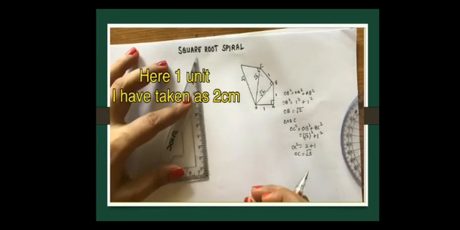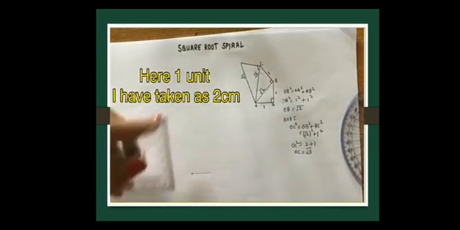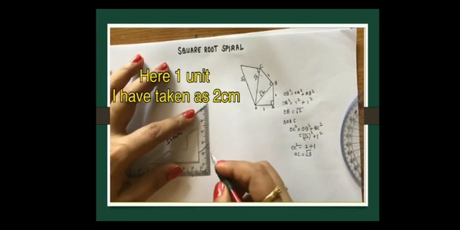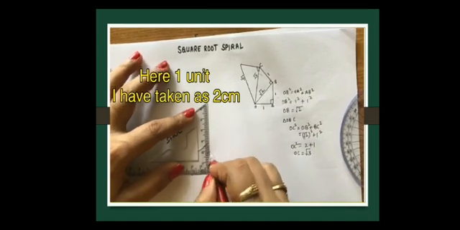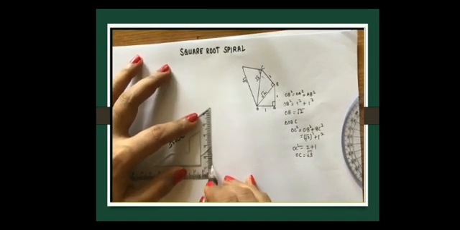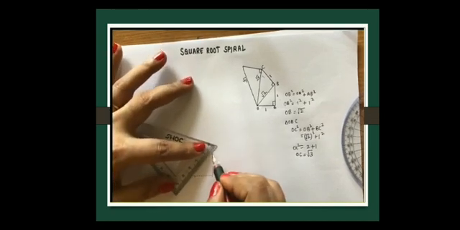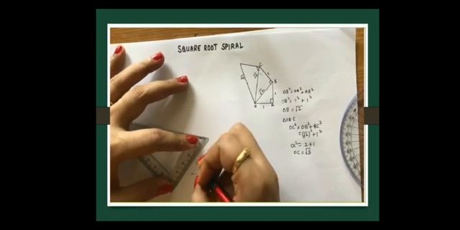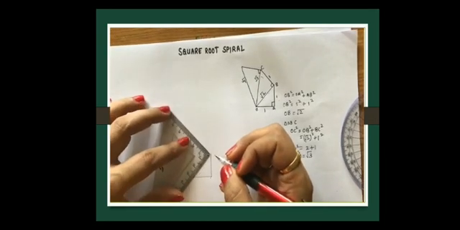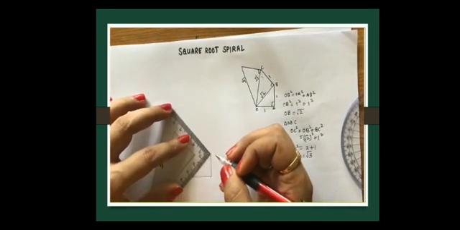So I am using this set square. So this 90 degree, this is 90 degree. So 1 unit I have taken as 2 centimeter. Okay. So if I join these two, this first thing is your root 2. Now in the same way, I will go on constructing the spiral.